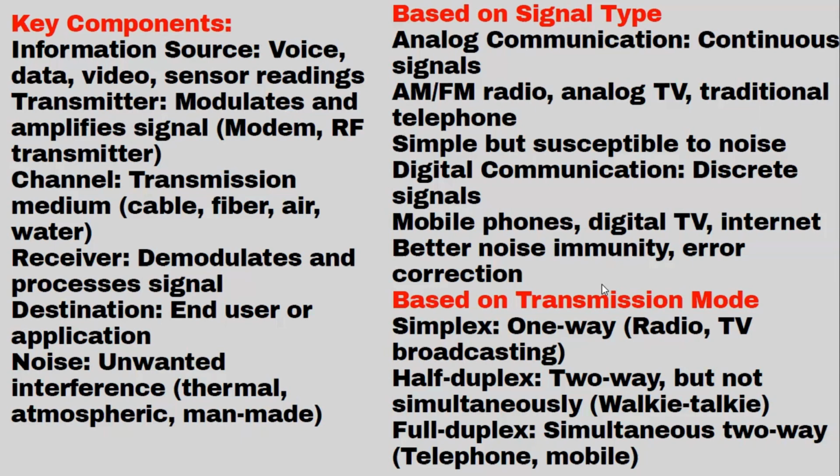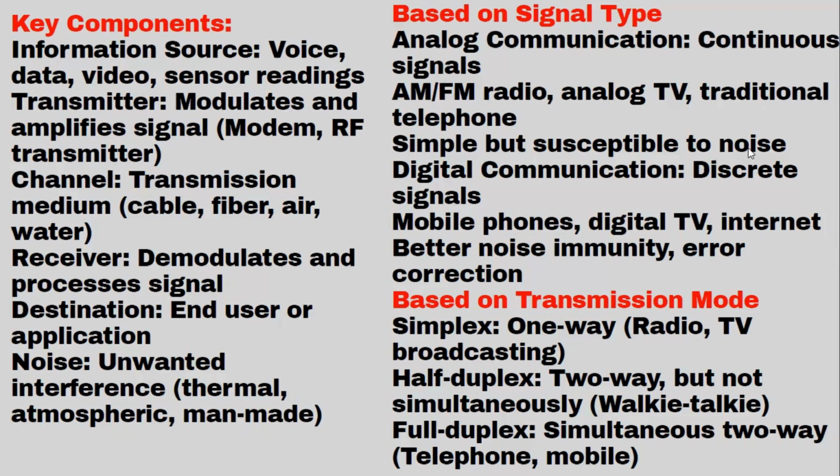Okay, right. Now we'll come to the basics of signal types. There are two basic types of communication: analog communication and digital communication. Analog communication is a continuous signal. If somebody asks you what analog communication is, it's a continuous form of signals.